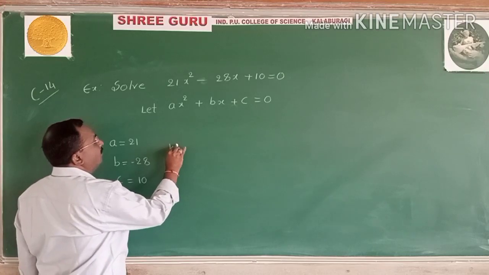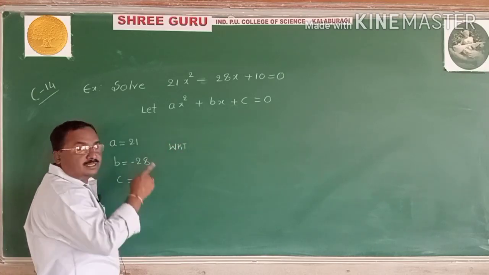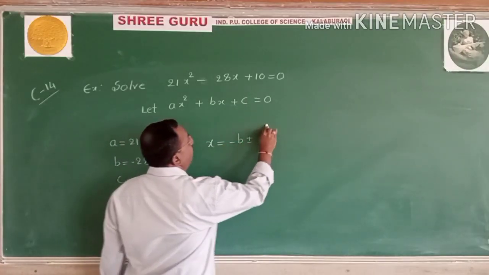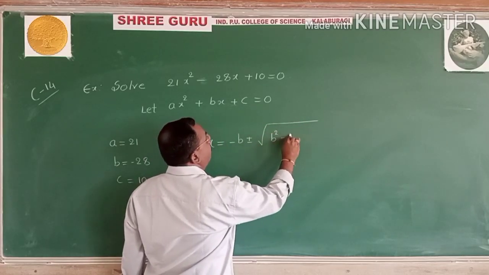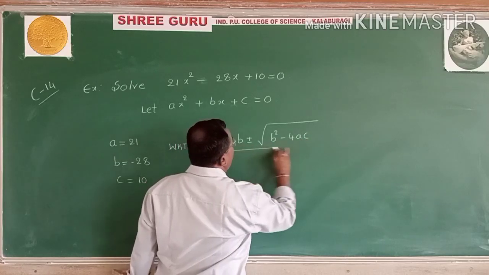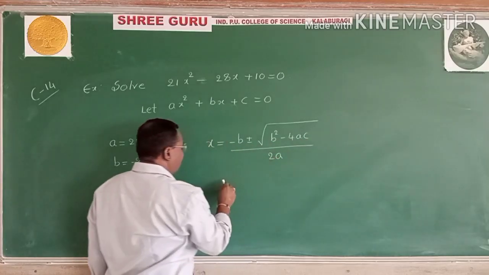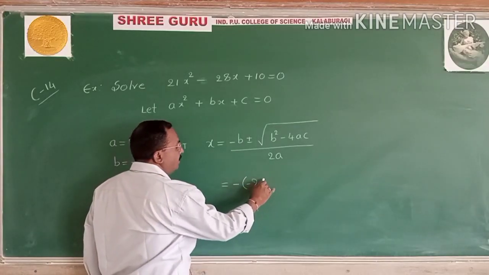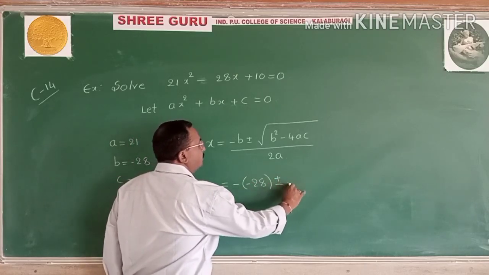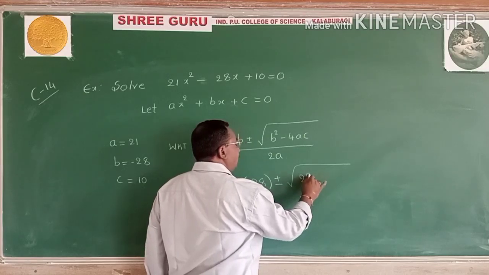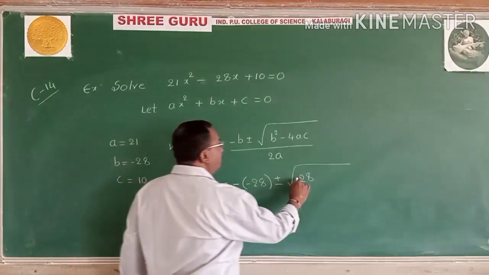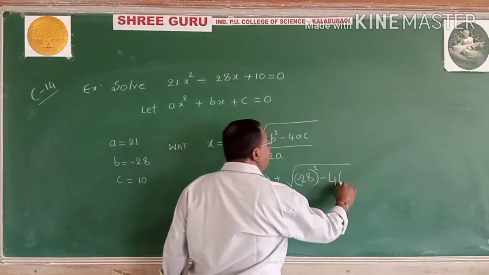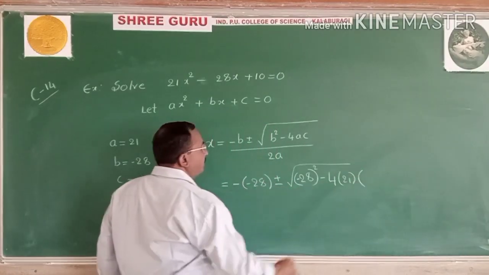We know the formula; substitute the a value and b value in it. x is equal to minus b plus or minus square root of b square minus 4ac divided by 2a, that is equal to minus as it is, b value is minus 28, plus or minus square root of minus 28 whole square minus 4, a value is 21, c value is 10.